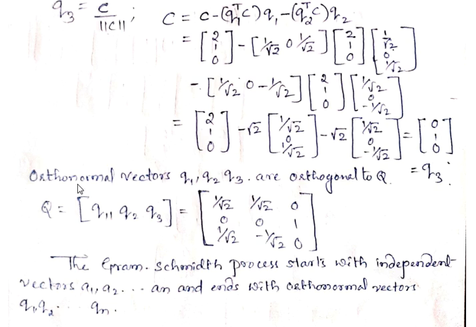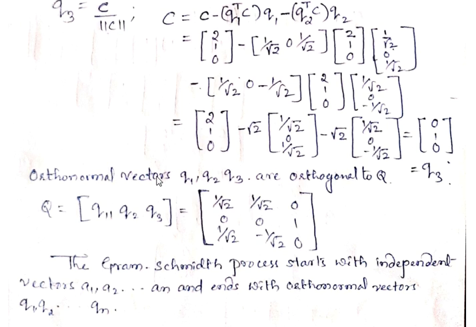Now the orthonormal vectors Q1, Q2, Q3 are orthogonal to Q. They are orthogonal to Q. So Q1, Q2, Q3 are nothing but Q1, Q2 and Q3.